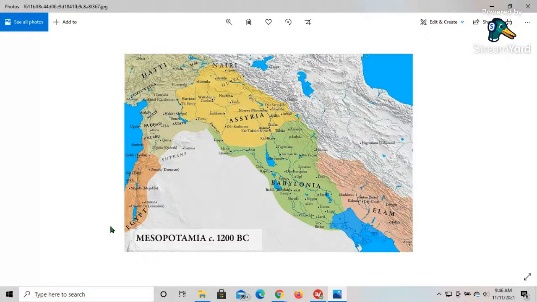Egypt controlled all this area until Israel moved in to the Promised Land. When Israel left Egypt, that's when Egypt lost control of this whole area, because Egypt had control over this entire area here. So Israel left Egypt. Egypt lost control of this area.